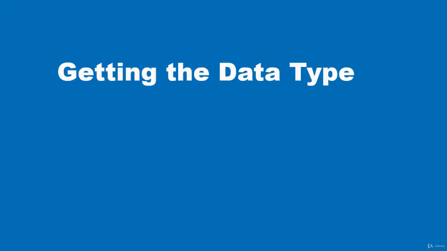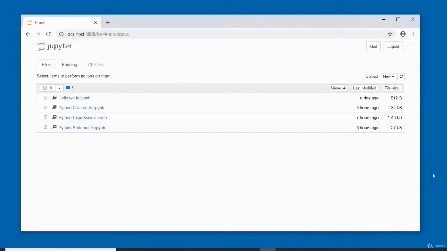You can get the data type of any object by using the type function in Python. So basically you pass in a value in between the parentheses, and this type function will return the data type. So let's create a new notebook and experiment with some data types.